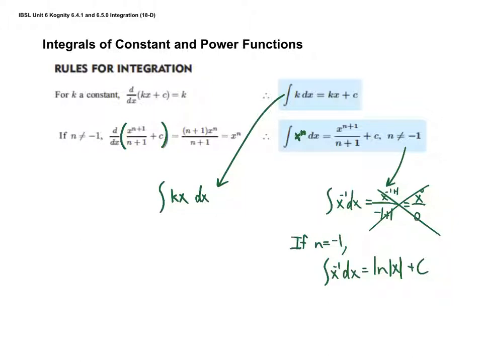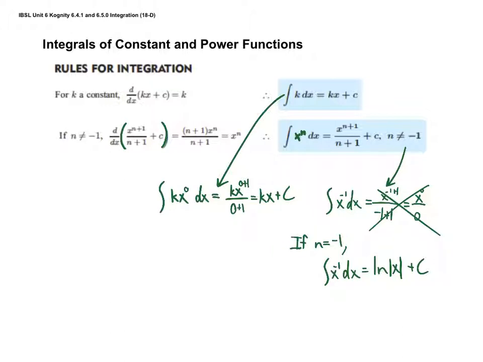What power would I have to put here with the x to make it equal just k? 0. There you go. If x were to the 0 power, that's just 1. Well, let's use that with the power rule that we just learned. I'd have k times x to the 0 plus 1 over 0 plus 1. Well, that's just kx over 1, or kx. And then I'd put the plus c.